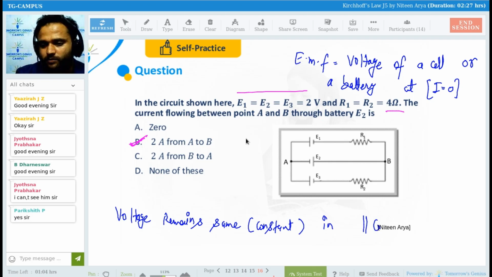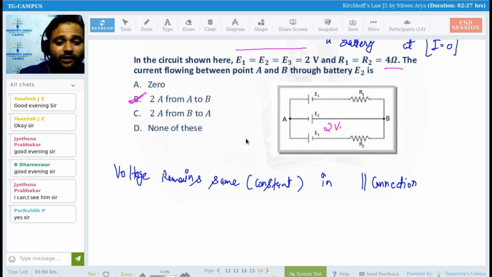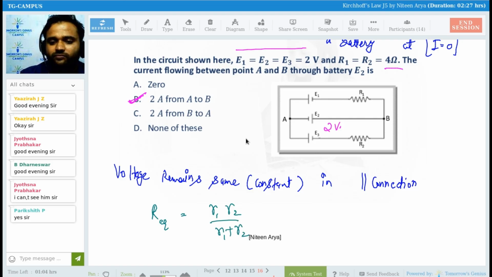This is the symbol of parallel. So you don't need to worry about this E net or something. That remains the same. Whatever E1, E2, E3, everywhere you get the same voltage, 2 volt. Now the other thing we are interested in, R equivalent. When two resistances are in parallel, R equivalent is R1 into R2 divided by R1 plus R2.